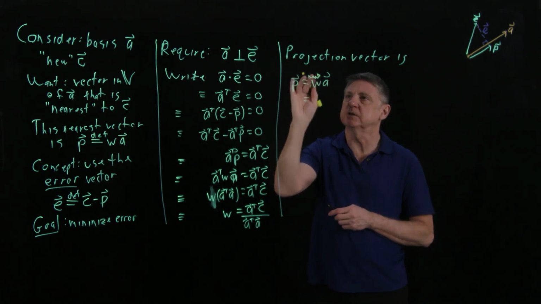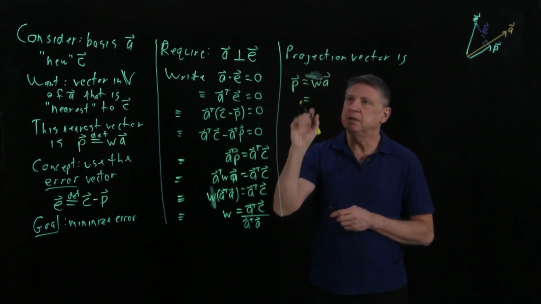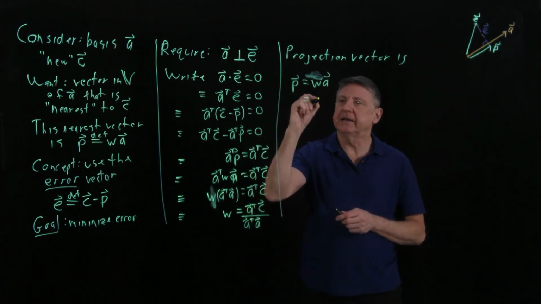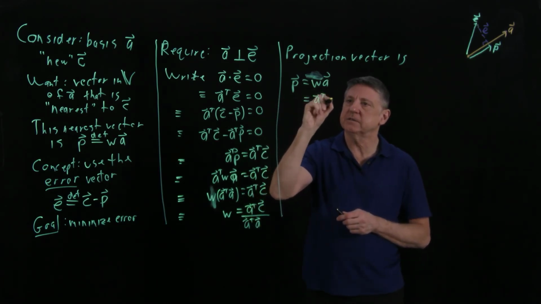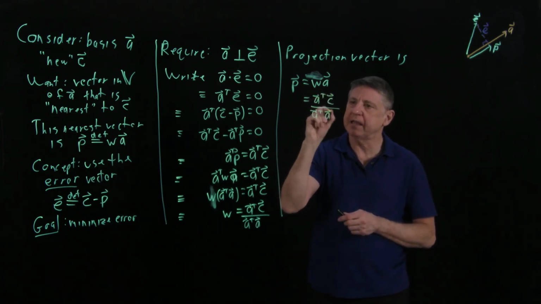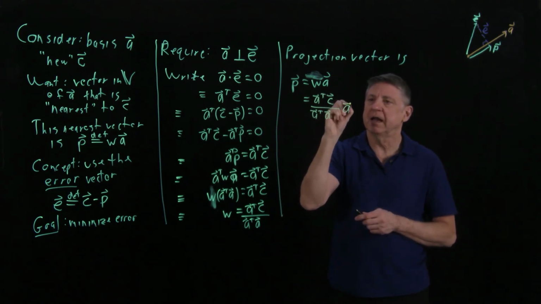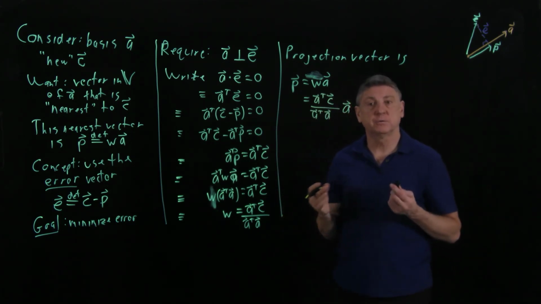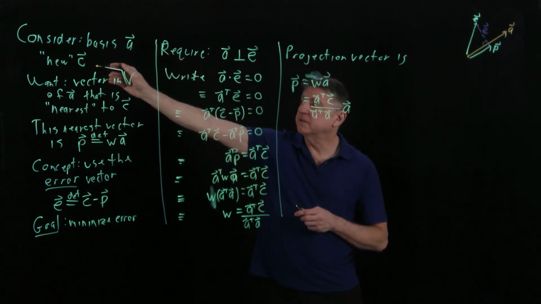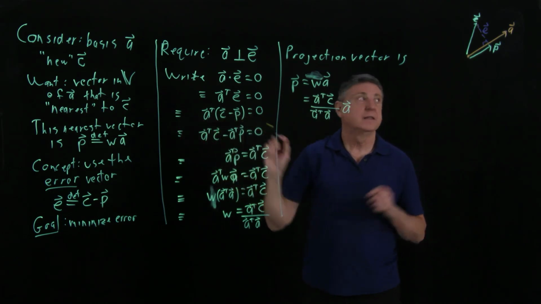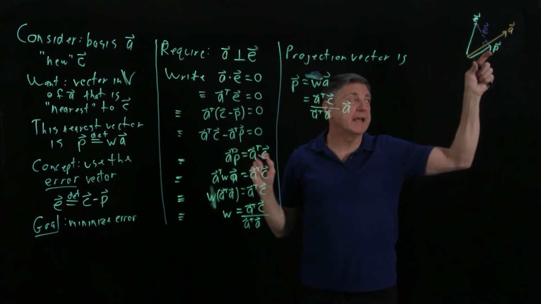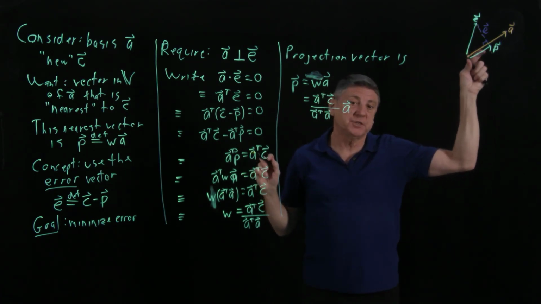That P equals the scalar W times A. And then I can substitute this in, and I could say that that is A transpose C over A transpose A times the vector A. And so I've solved the problem: given a basis vector A and any new vector C, I can find the magnitude of the new vector, I can rescale A, and I can find the projection vector.